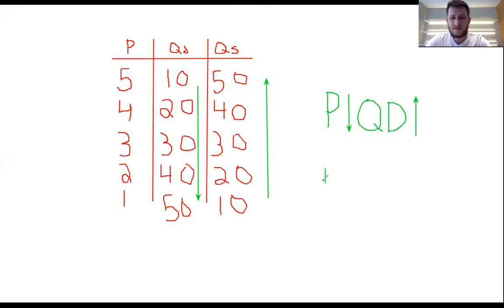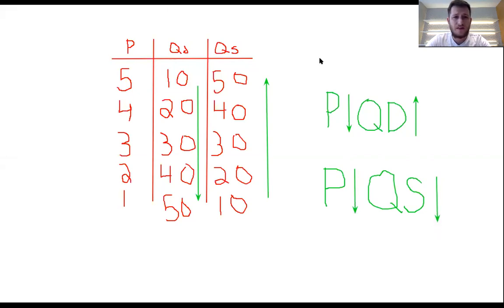And then as we look at price and then quantity supplied, it kind of looks like a 5, not an S. Quantity supply, that's a better S. So as price goes down here, quantity supplied is also going to go down, okay?